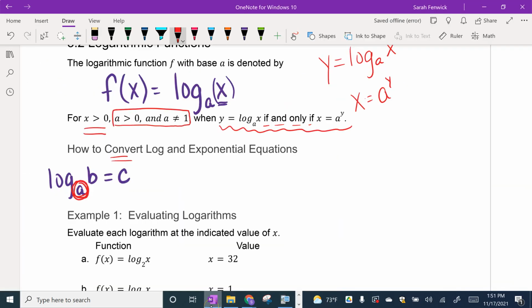The base of my log is written down here, but if I'm changing it to an exponential, when I change this over, my base becomes the base for an exponent. And I use a spiral format. This goes around the outside, so that becomes my exponent.